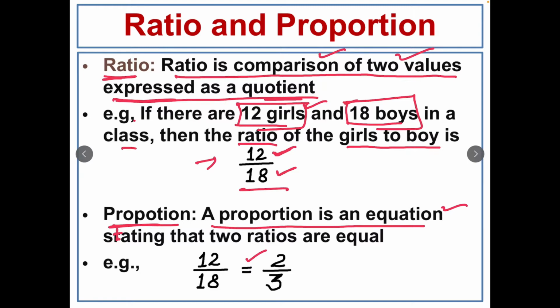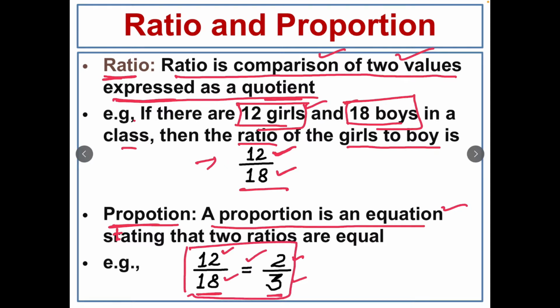For example, we have 12 by 18. When you divide both by 6 you will get 2 by 3. So now you can see that 12 by 18 is equal to 2 by 3, and when we write this in this form, it is called a proportion.